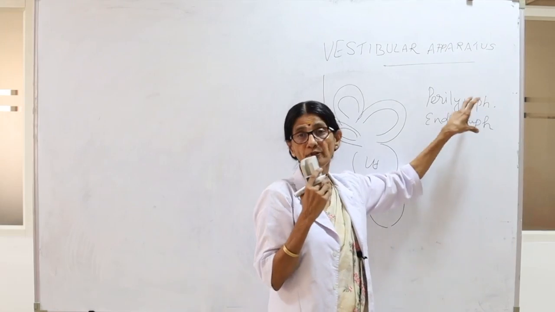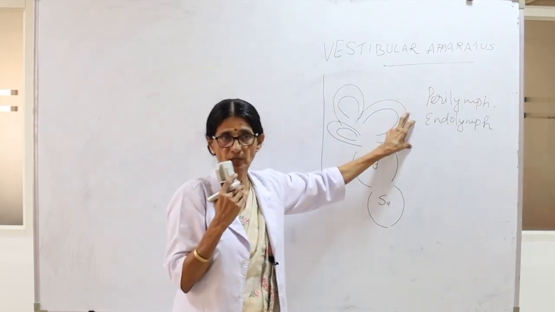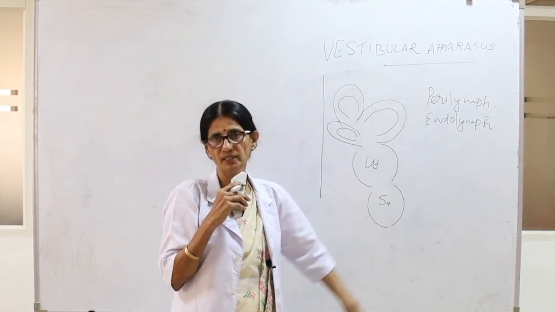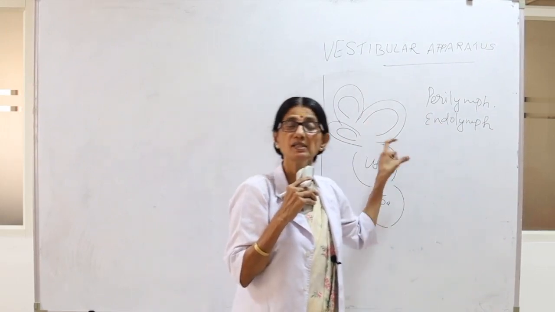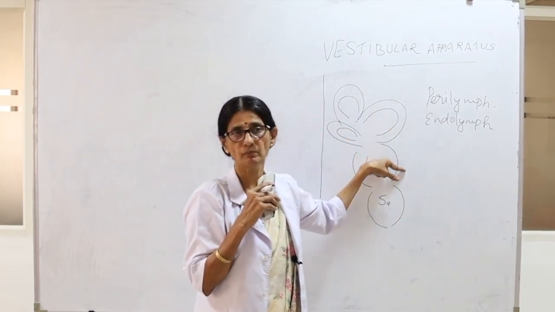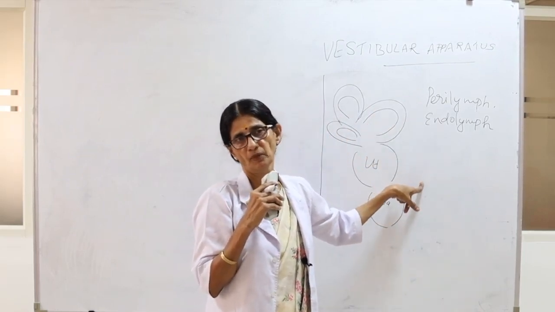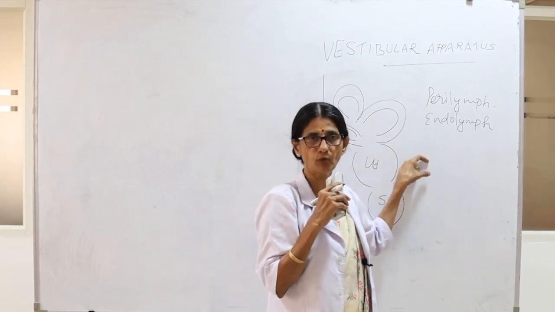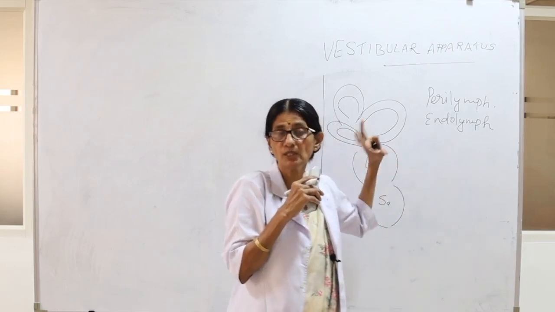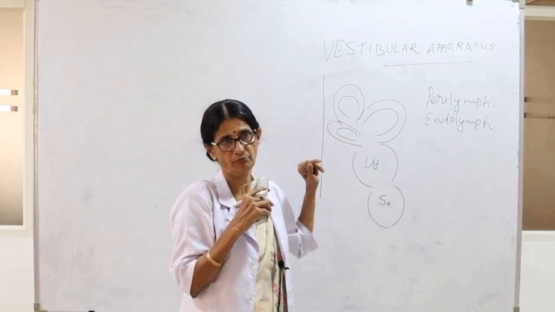Endolymph is secreted by the stria vascularis, which you have already learnt along with audition. The fluid is continuous in all these structures, and it is rich in potassium, whereas perilymph is rich in sodium but not potassium, and it is produced from the extracellular fluid and is similar to the cerebrospinal fluid. So those are the differences between the perilymph and the endolymph.